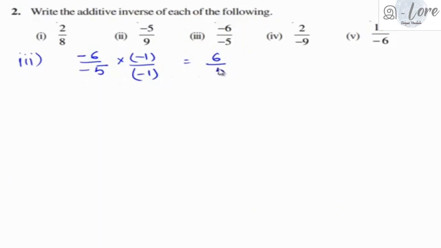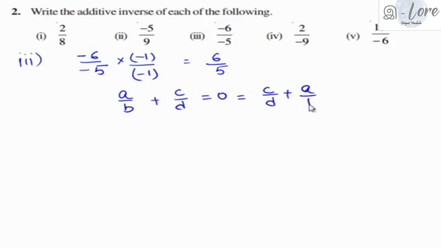Now we shall find the additive inverse of 6 by 5. It is the same process as what we proceeded with. A by B is a rational number that has the additive inverse C by D. If the sum of the two numbers comes as 0, the resultant is called the additive inverse of the given number.